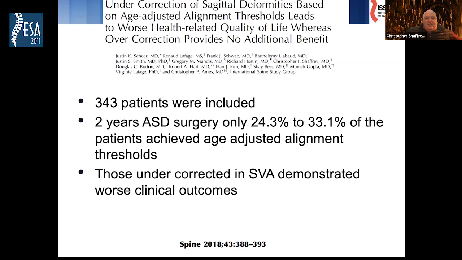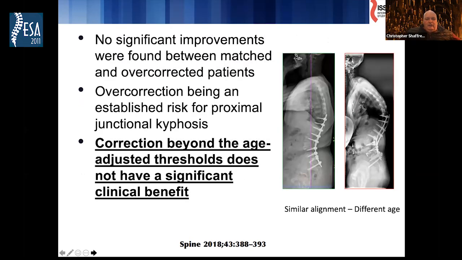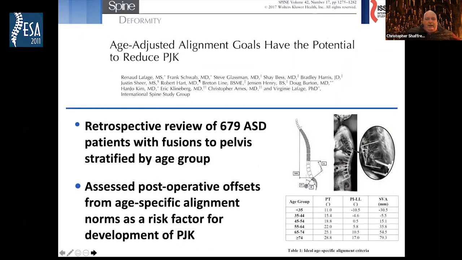And just as Cal was saying in his very nice talk, the different things such as vertebroplasty and hooks and tethers, they all have a relatively limited effect. But by having the appropriate age-adjusted goals, this has a much higher ability to reduce these different complications.